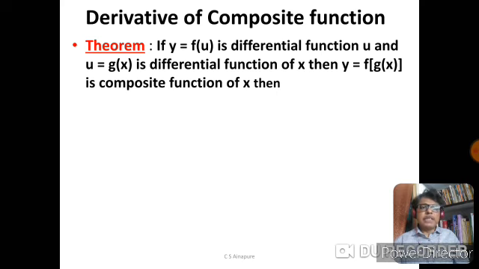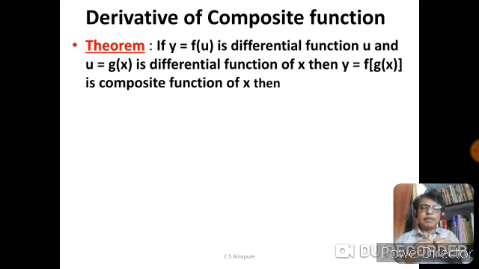Then y is equal to f of g of x is a composite function of x. See this function, composite function y is equal to f of g of x. Now we have used the notation u for g of x. So this function reduces to the form y is equal to f of u.